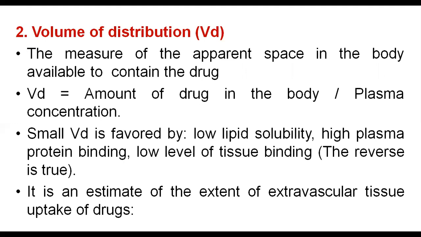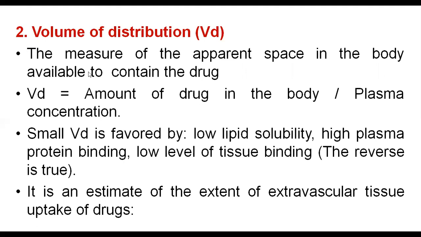We have discussed that in a single pass through the liver, the gut wall or the lungs, a percentage of the drug will be converted into inactive forms, and that occurs before the drug reaches systemic circulation.